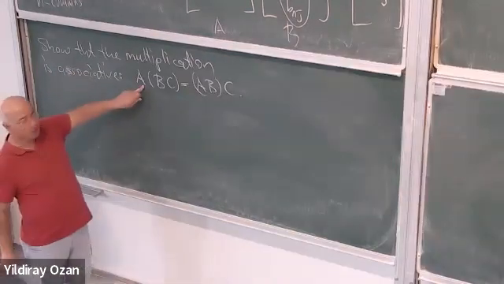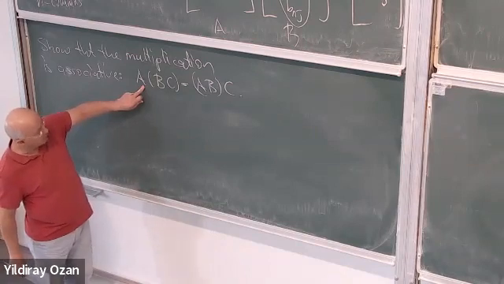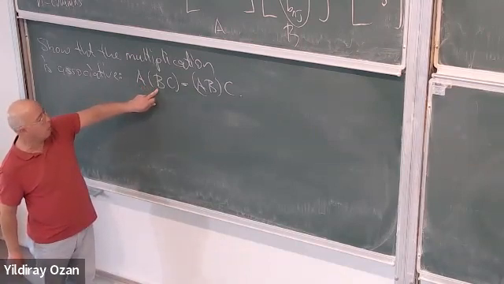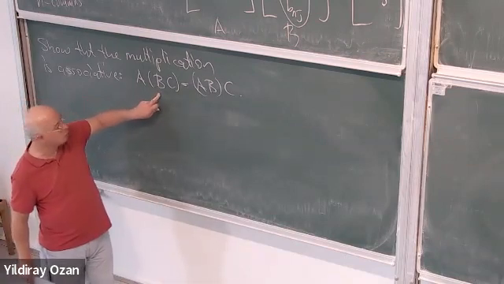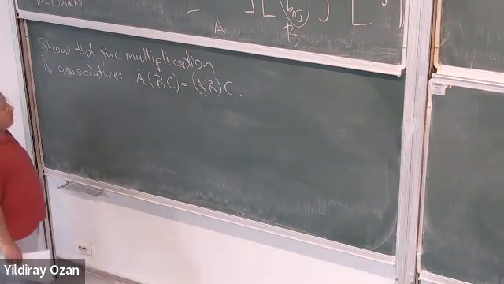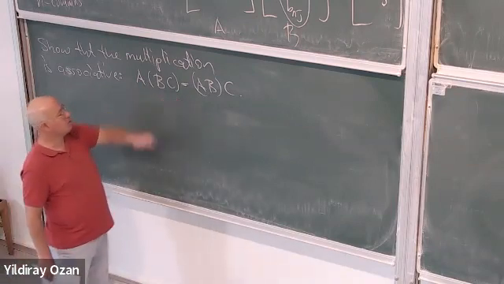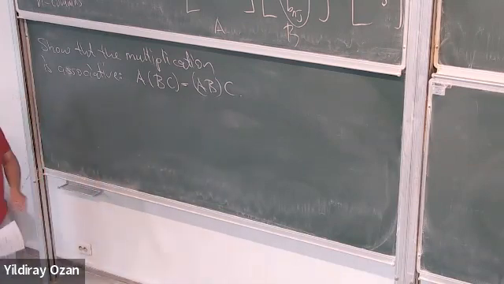So the number of columns of the first should be the number of rows of the second, and the number of columns of the second should be the number of rows of the third. In this case, these two different looking products are the same.